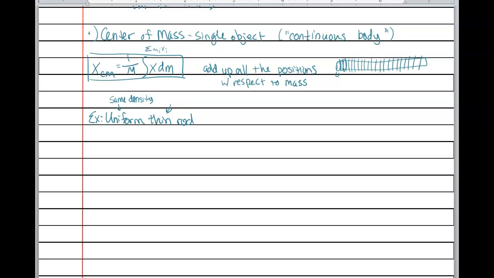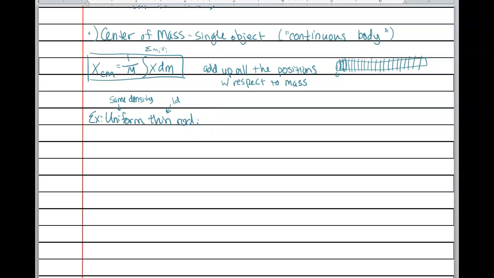Thin means we're only worried about essentially one dimension. So we're considering it so thin that it doesn't have any depth or height. Yeah, it only has length, so that's handy.